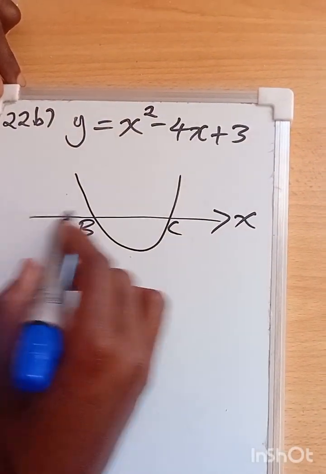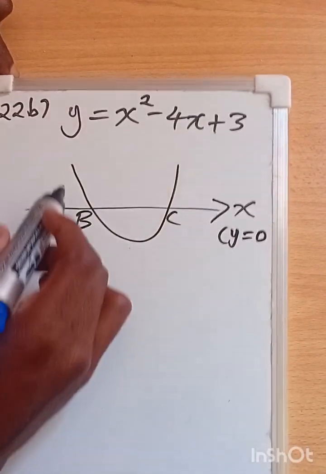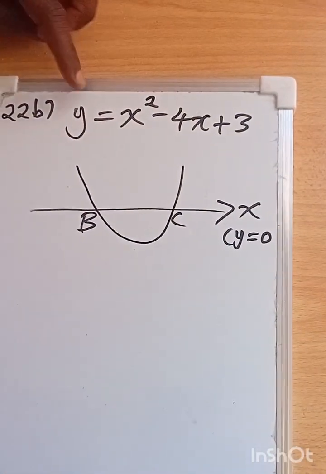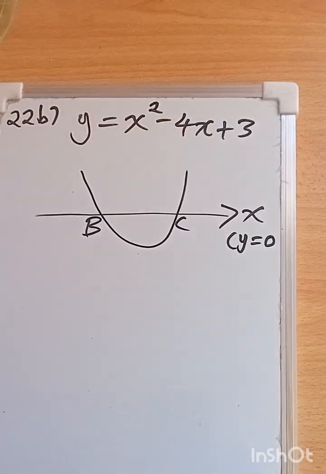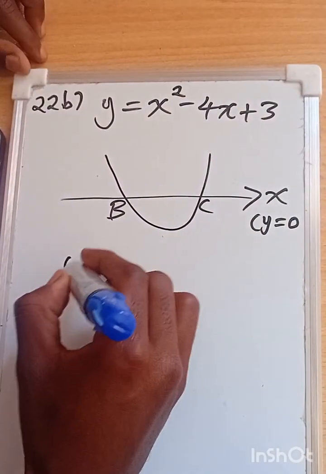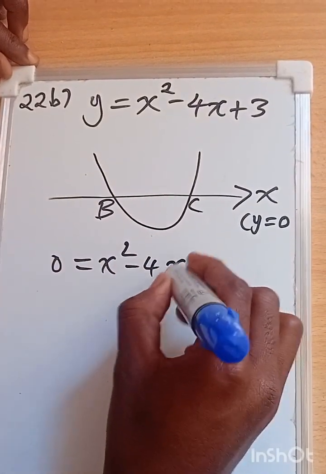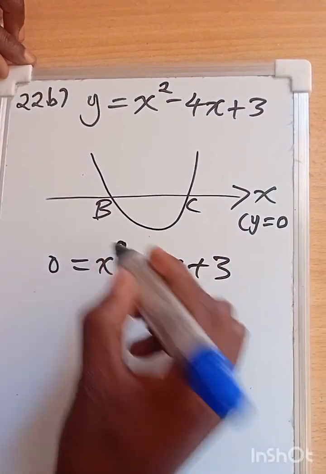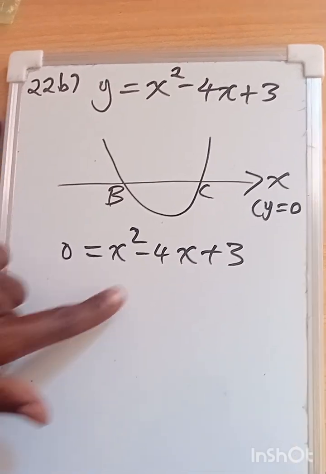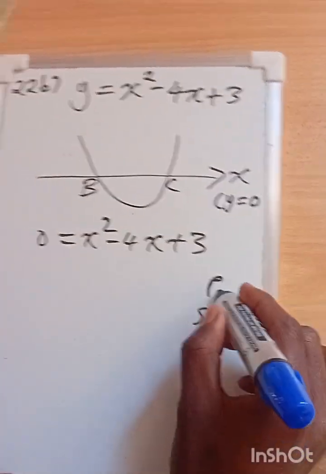So this x-axis is also known as y equals what? 0. This curve is produced by this equation, so where there's y, you put 0. Then x squared minus 4x plus 3 equals 0. Then you solve for x. So you say product, sum, factors.